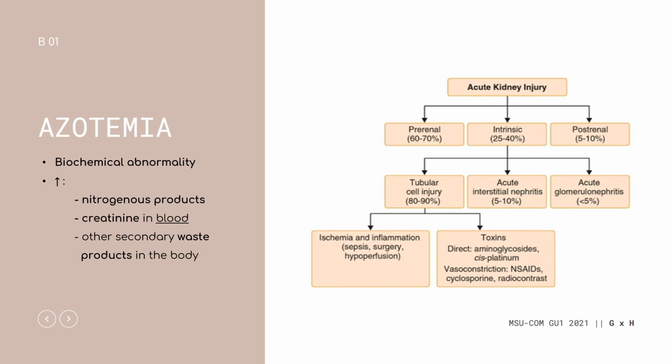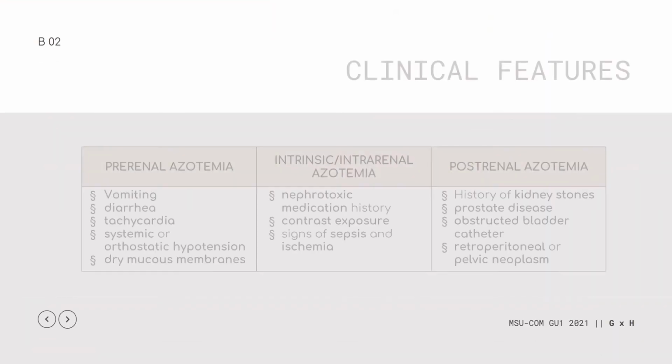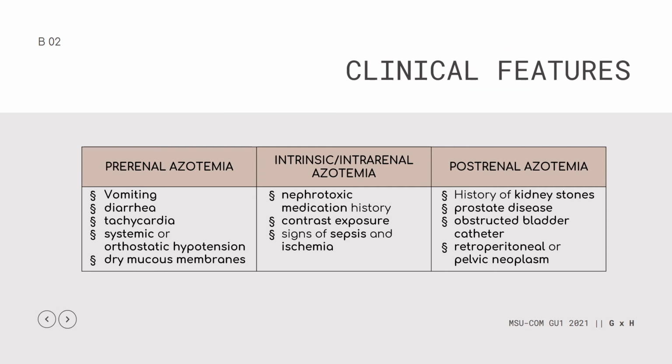Causes may include bladder neck obstruction, obstructed Foley catheters, lower tract and ureteral obstructions. Now, for the clinical features, findings associated with pre-renal azotemia include vomiting, diarrhea, tachycardia, systemic or orthostatic hypotension, and dry mucous membranes.